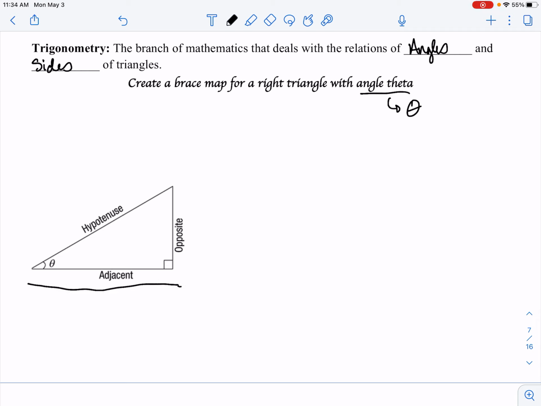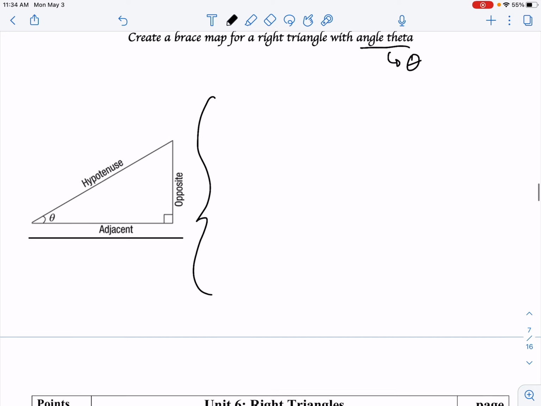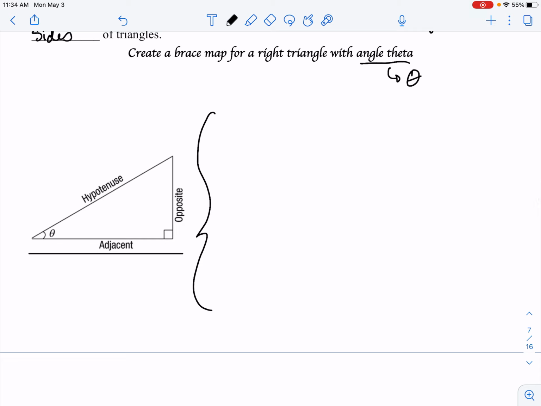Again, let's talk about the right triangle still and break it apart again with everything in relationship to theta. So the hypotenuse, again, will always still be across from the right angle.